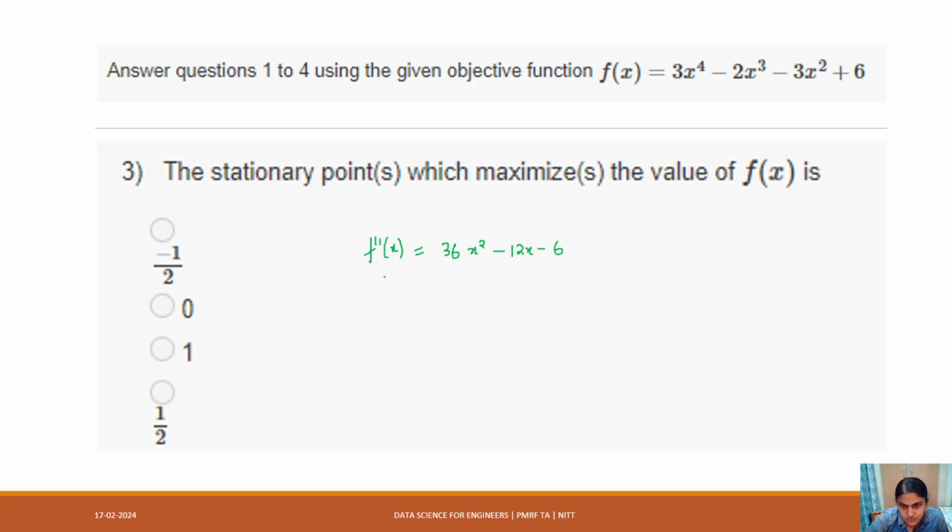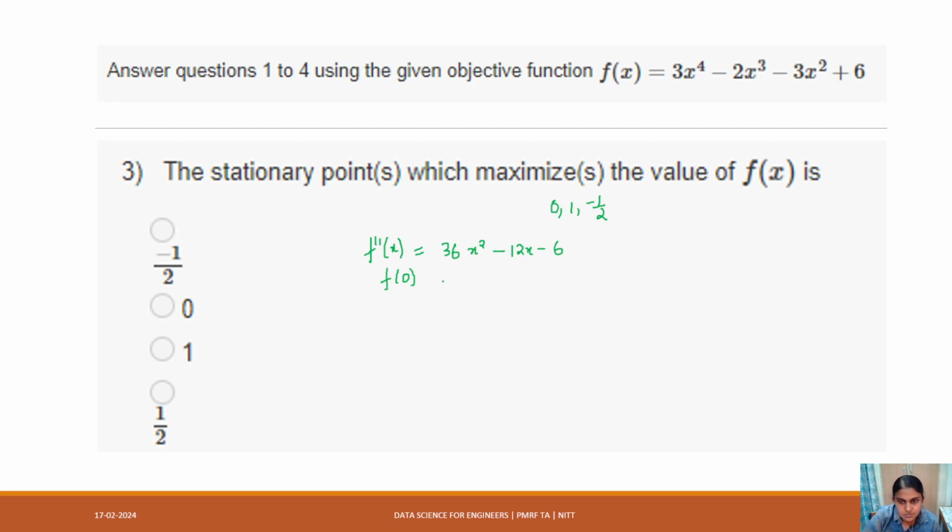So f double dash of x, you are getting like 36x square minus 12x minus 6, okay. So at the stationary points you have to try now. You got stationary points as 0, 1 and minus 1 by 2, right?